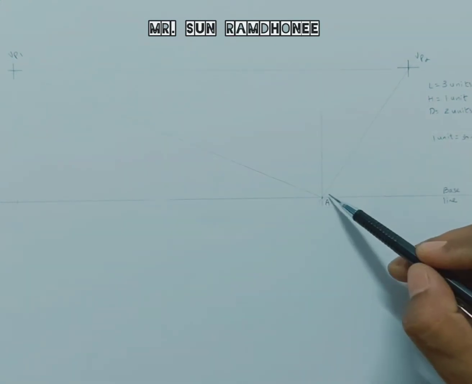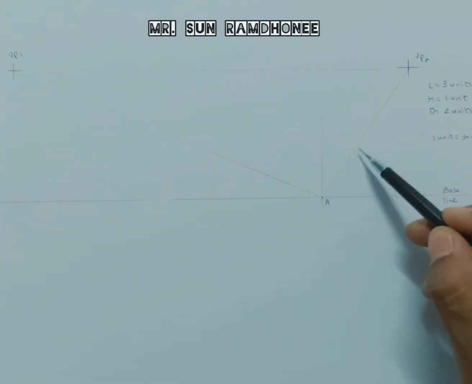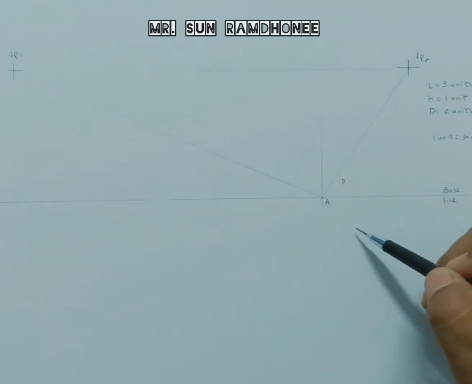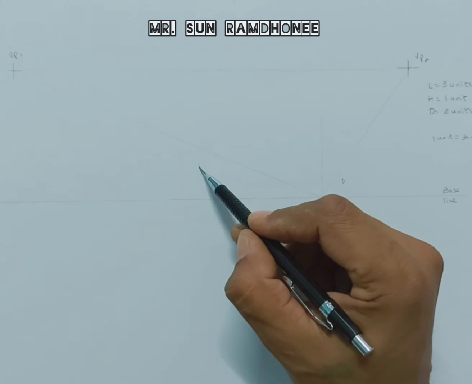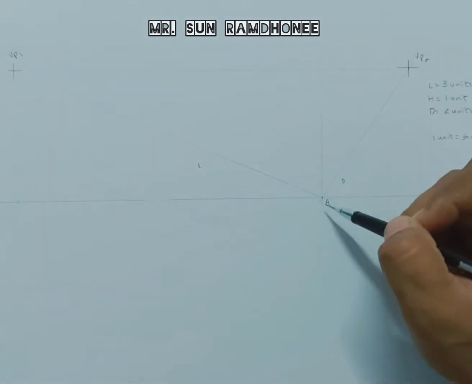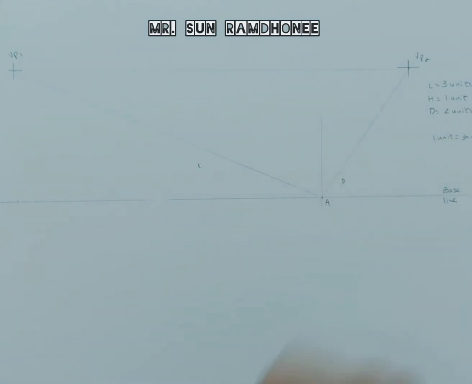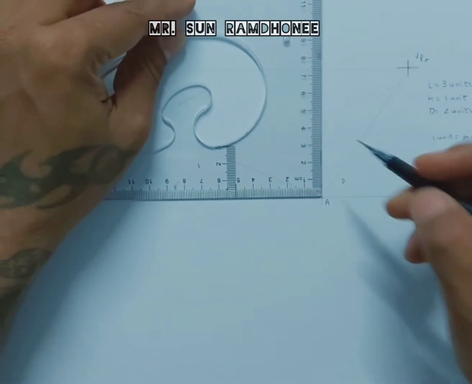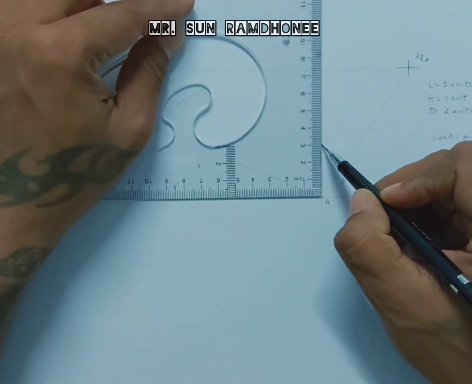From this point, we understand that this direction will be where we are going to draw the depth line, and this direction will be where we draw the length, and then this vertical line will be our height. The vertical line, which is the height, we can measure. It is going to be 30 millimeters here.